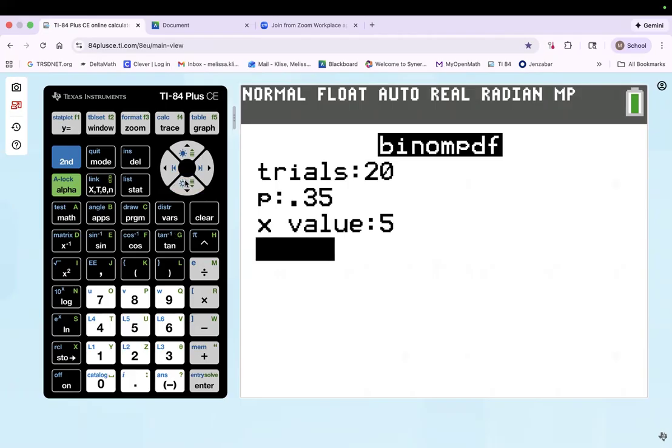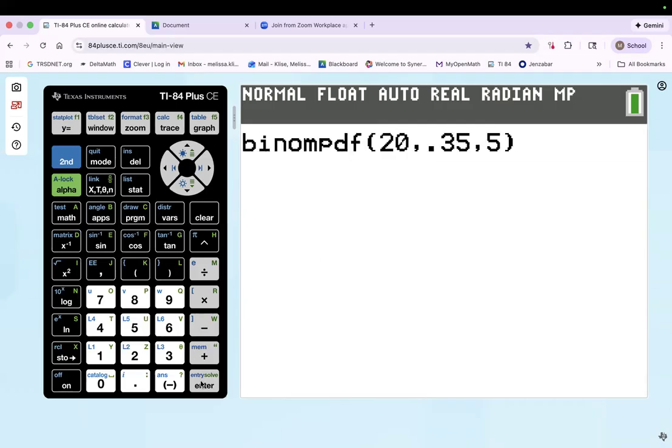So we have 20 trials, 35% chance of randomly choosing a car owning household that has 3 or more cars. We're looking for the probability of choosing 5 out of 20. And hit enter. This is how you would enter it if you don't have that screen: 20, comma, 0.35, comma, 5.